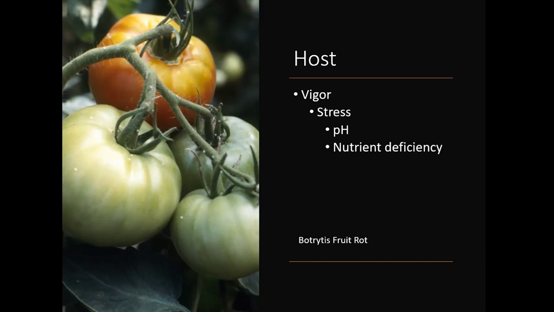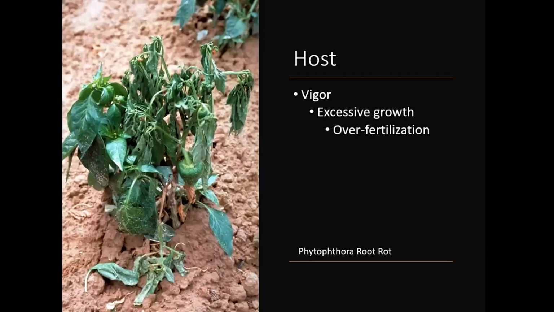And this image in particular was from a stunted, weak tomato plant in a high tunnel. But just in general, think about weak and low vigor plants will be more susceptible, especially to opportunistic pathogens and those with low pathogenicity.